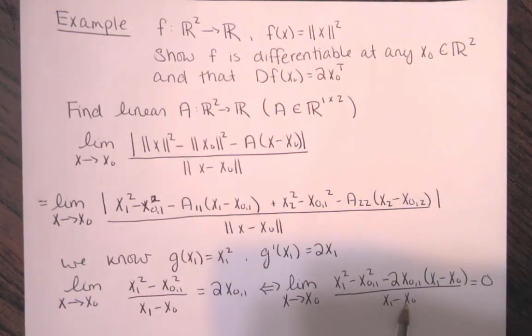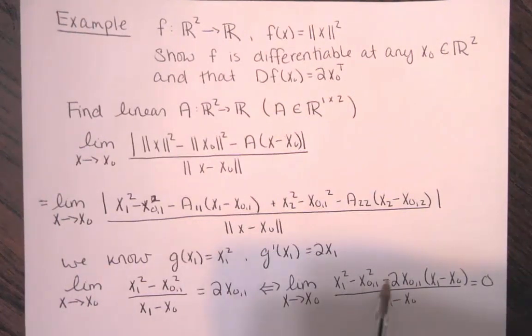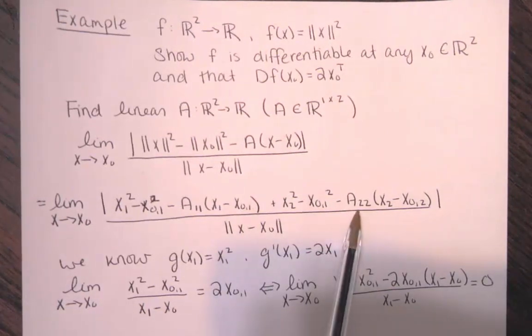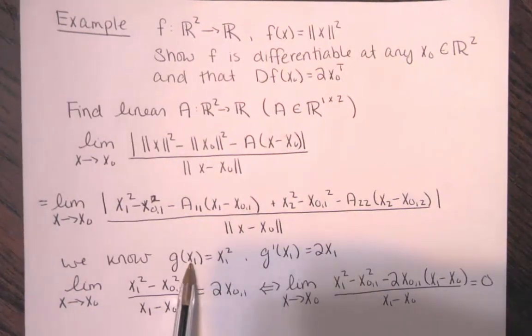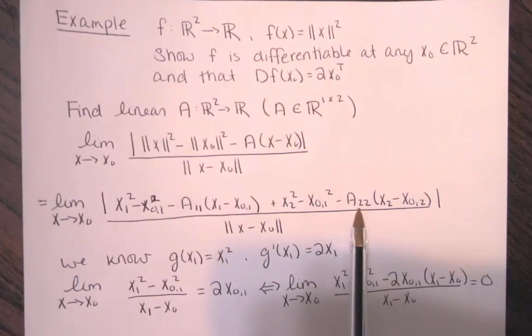Divided by a first order difference divided by a first order difference. So this suggests that A11 is likely to equal 2 times x naught 1. And similarly, if I were to run the same experiment with g of x2 equals x2 squared, I would get the suggestion that A22 is 2 times the second entry of x naught.